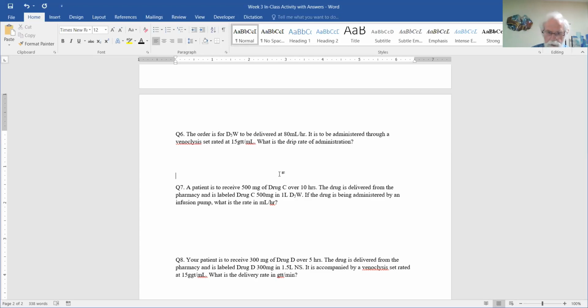Okay, right? So that 1 liter is the amount, correct? Like the full amount? The volume, yeah, that's V. Or the volume, yeah, which is 1,000 milliliters. Right. We divide that by the 10 hours. Yep.